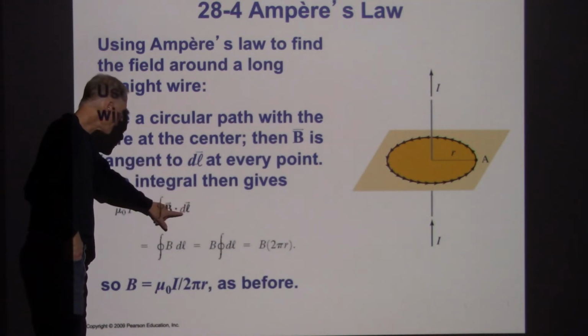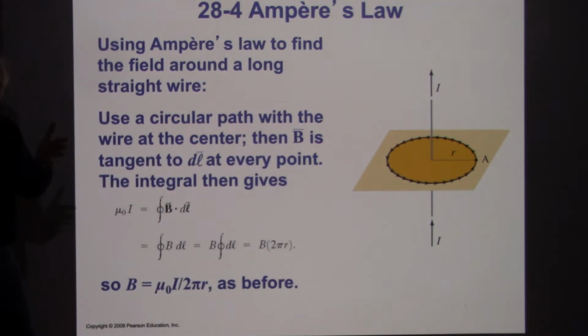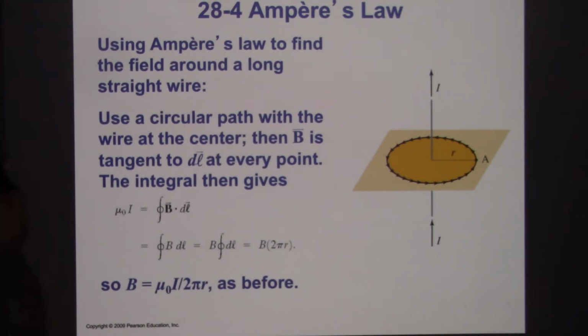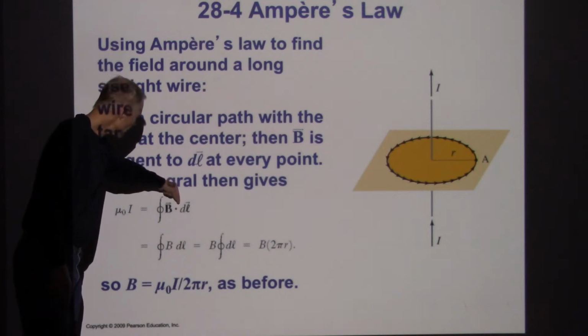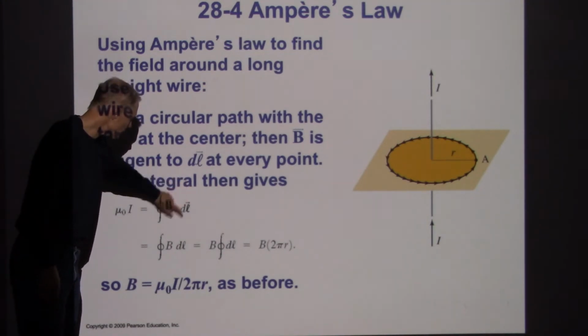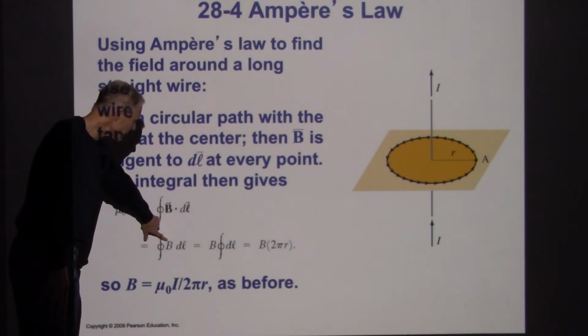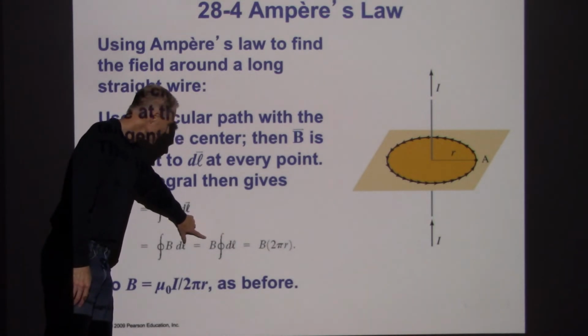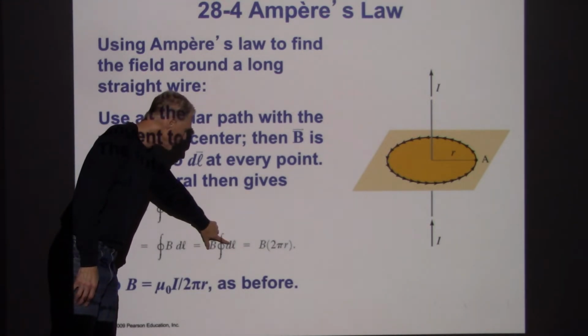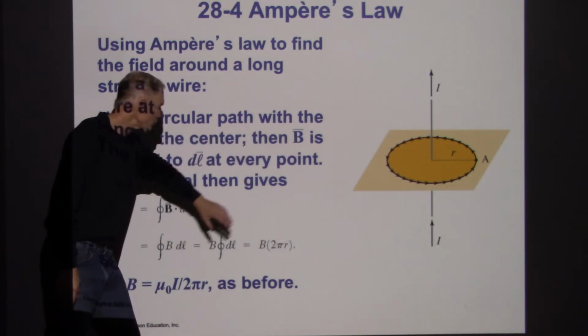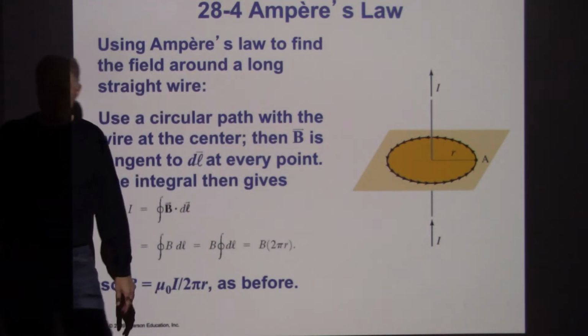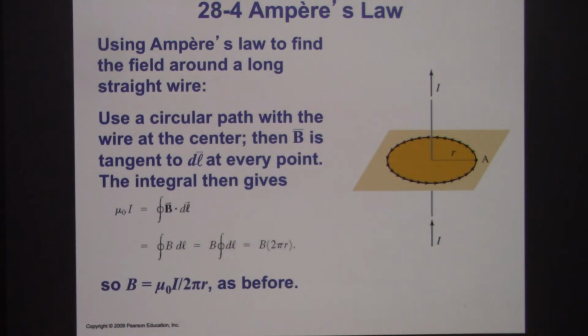I'm going to drop the dot product because the magnetic field is following the circular path that I've outlined. So I get to drop the dot product and drop my vector signs. The magnetic field is constant, so I can bring it outside, and if I integrate all along that circular path, that is going to give me the circumference. It's going to be 2 pi r.